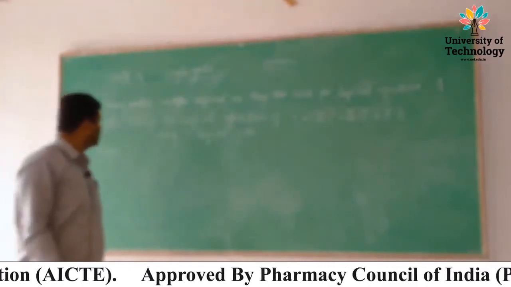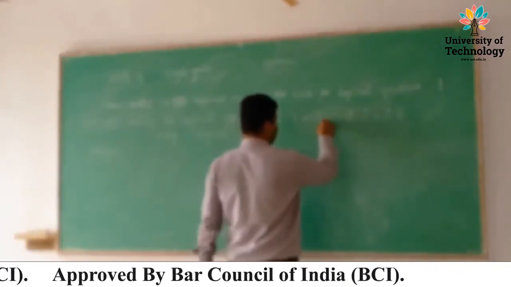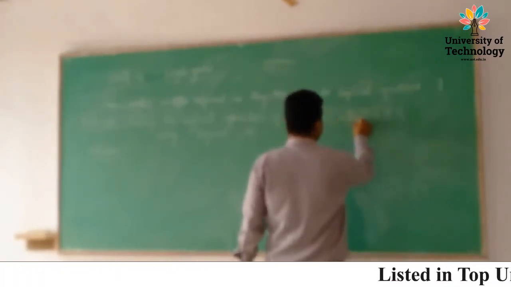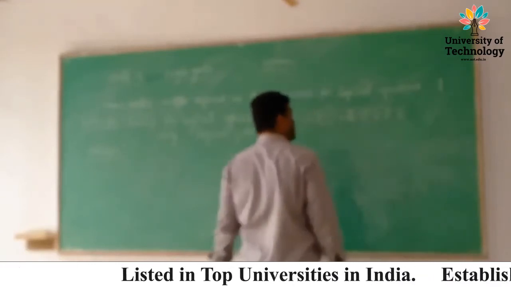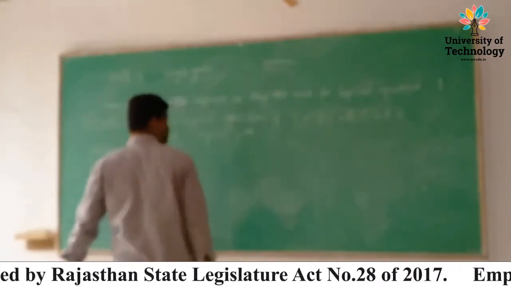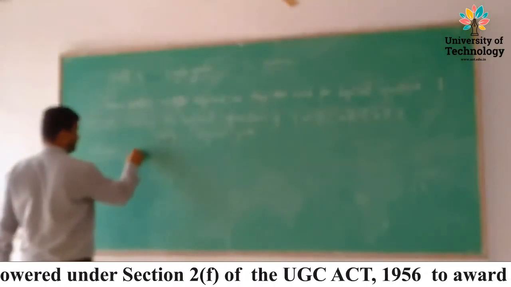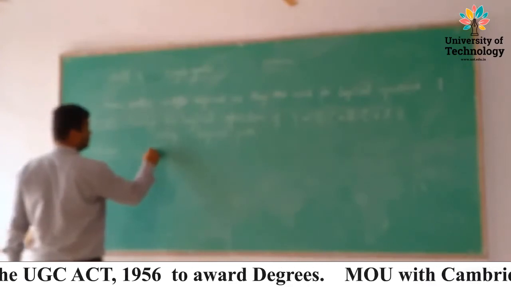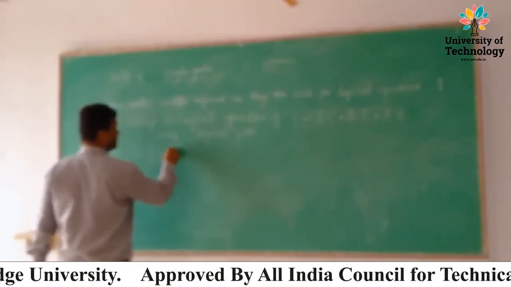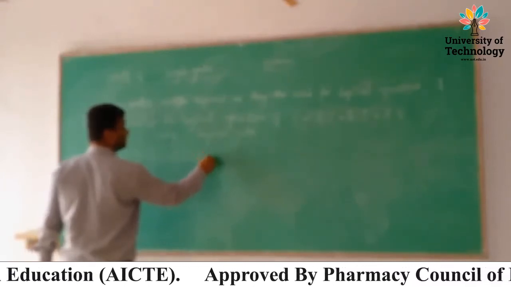Now our problem is to realize the logical operation of Y equal to B bar into C bar plus A bar into C bar plus A bar into B bar. Take this equation: Y equal to B bar dot C bar plus A bar dot C bar plus A bar dot B bar.